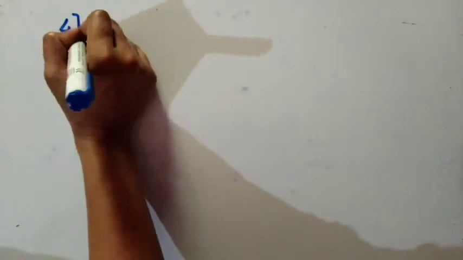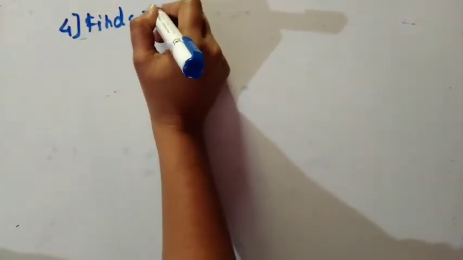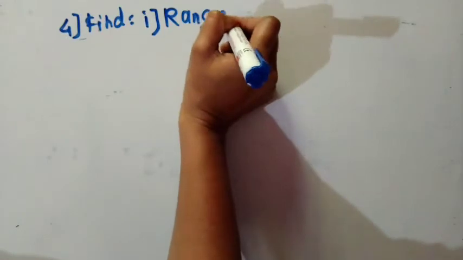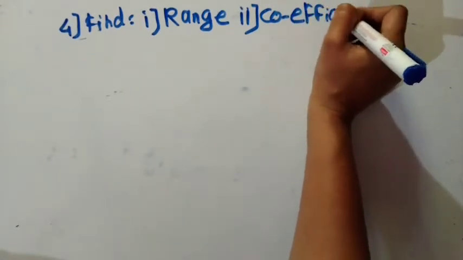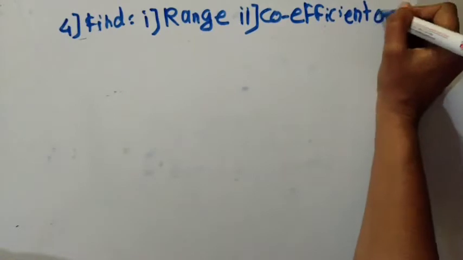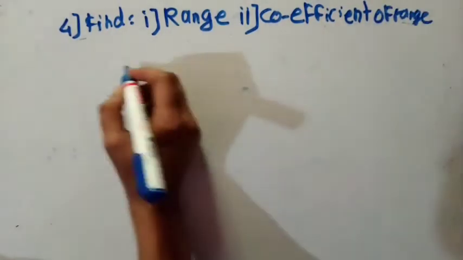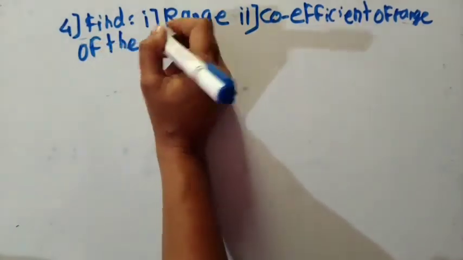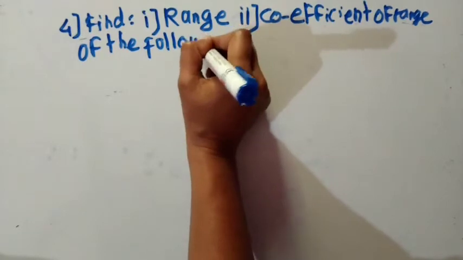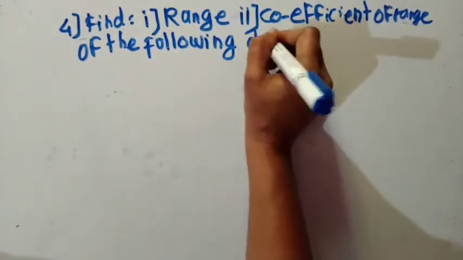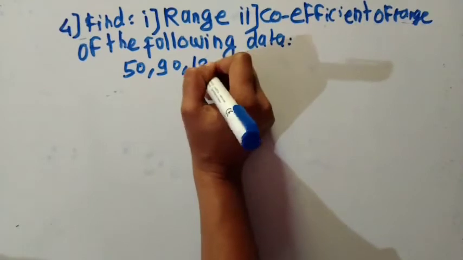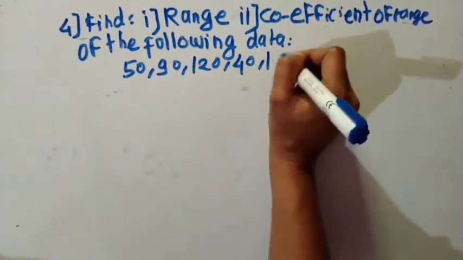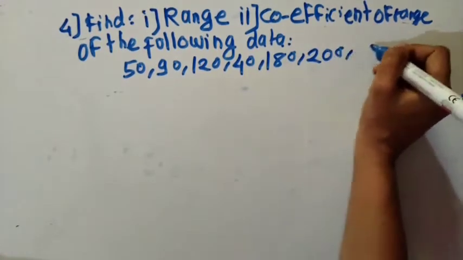Then next example. Find first range and second coefficient of range of the following data: $50, $90, $120, $40, $180, $200 and $80.